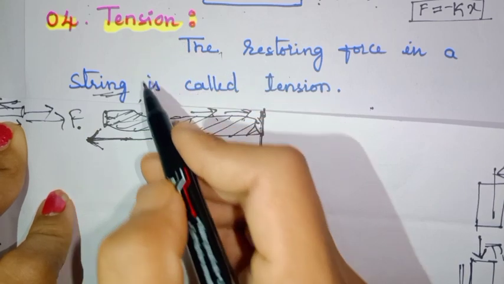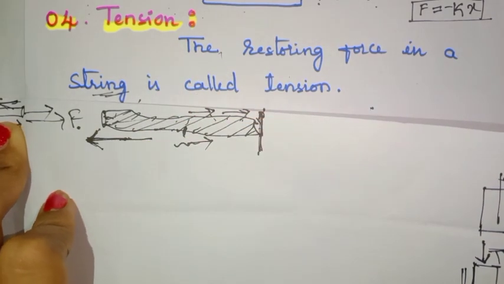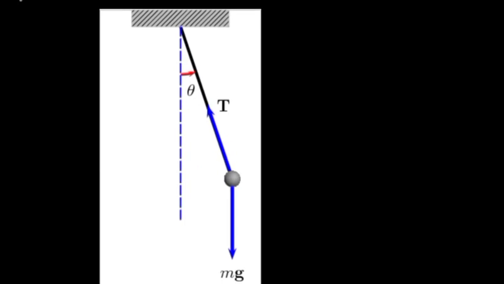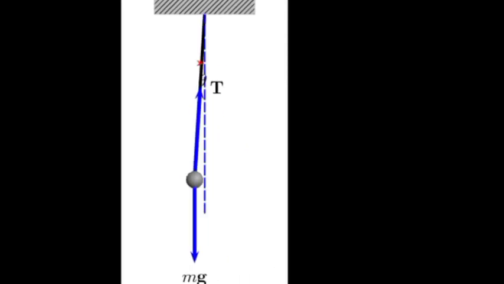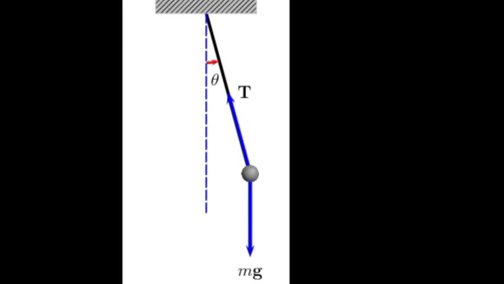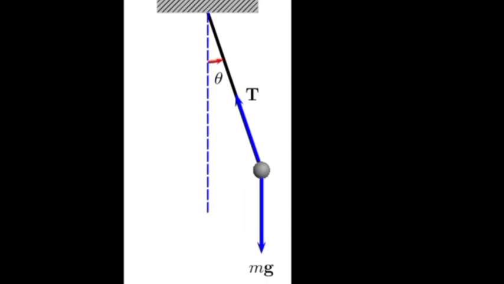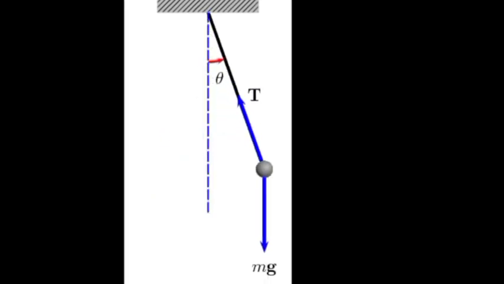I'll show you an animation so that you will get an idea. Here you can observe clearly a bob which is attached to the string is applying the force in the downward direction, which is known as mg. In reaction to that, the string is moving in the opposite direction. You can observe the arrow marks. One arrow mark is upwards and the other arrow mark is downwards. The downward arrow mark indicates that it is applying the force downwards.